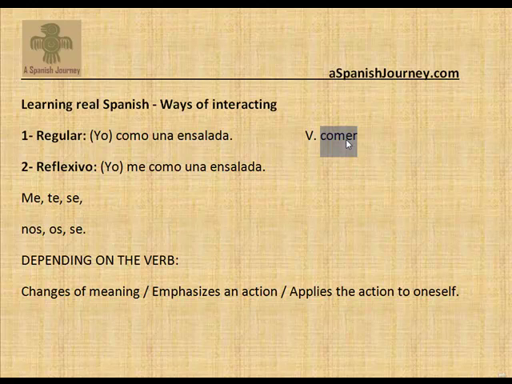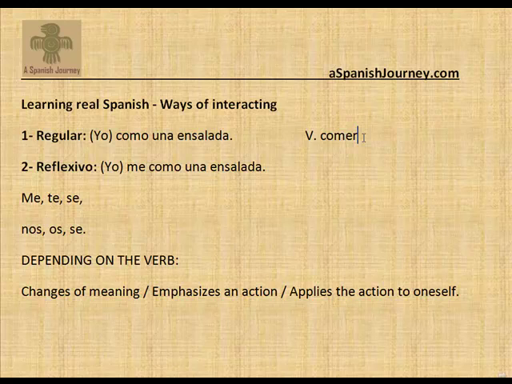People say it all over, and they use not only comer, but they also use other verbs like beber, to drink, to take, also tomar, and many, many verbs. So bear in mind that many, many verbs can be used with the reflexive pronoun, and depending on the verb, they will change the meaning, emphasize the action, or apply the action to oneself.